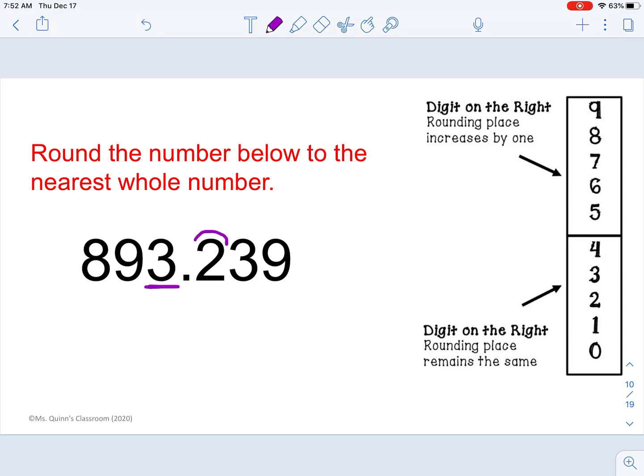So we'll look at the number that comes after it. Okay, it's a 2. A 2 means that we're going to keep the underlined digit the same. So rounding to the nearest whole number means it's going to stay at 893. And we're going to get rid of our decimal point over there.